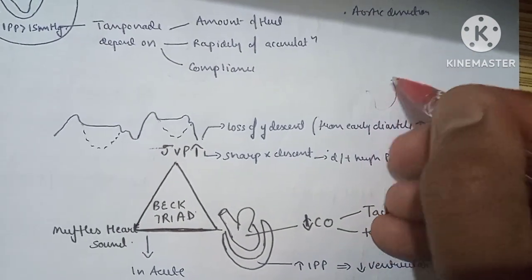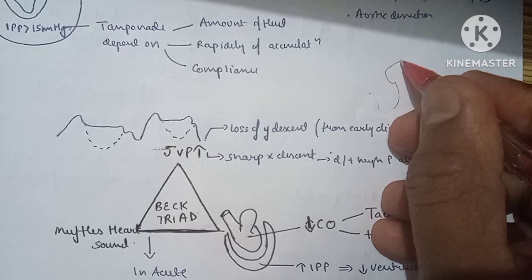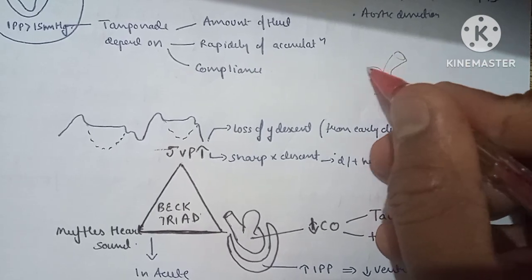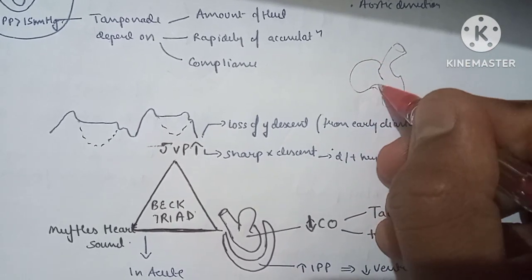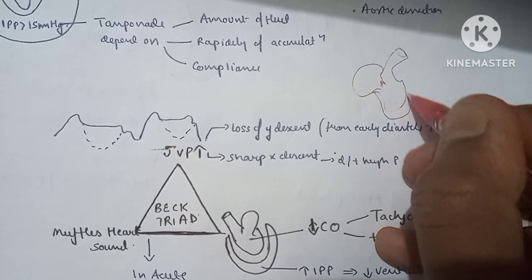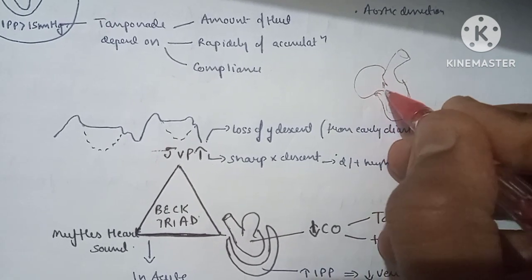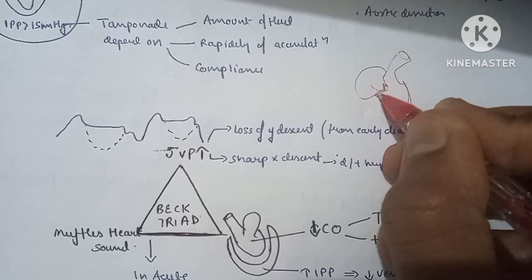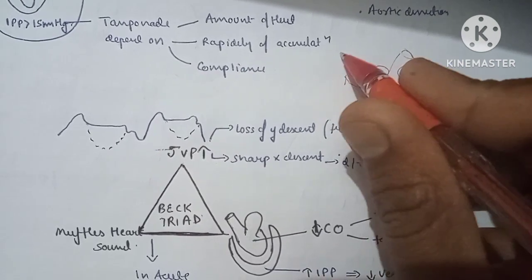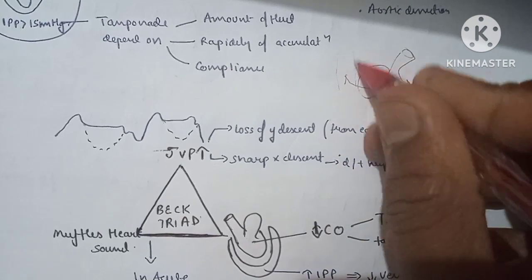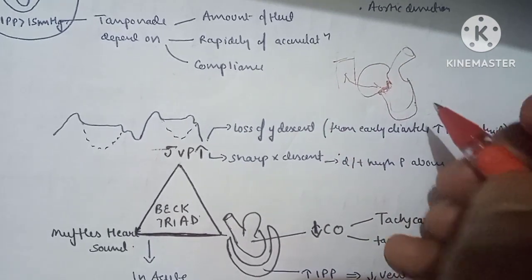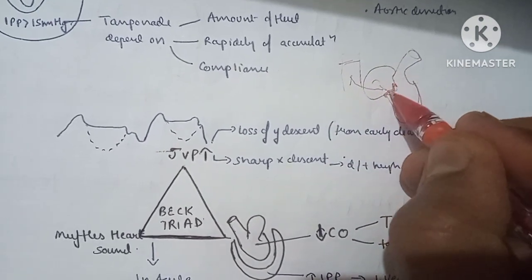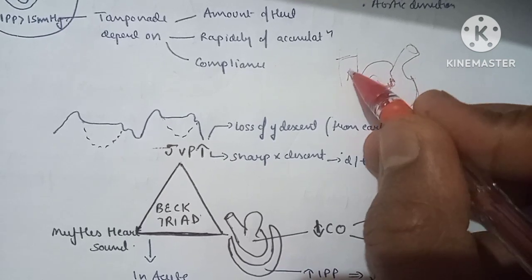So if this is the ventricle, let's look at the waves. The first wave is the A wave, which occurs when the atrial systole occurs and the pressure in the atria rises, manifested as a rise in JVP, that is the A wave. Then the atria start relaxing, we have the C wave, and the blood column comes down.